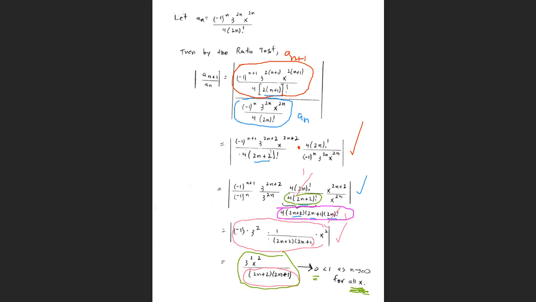And the 2n factorials canceled, you see. The 4's canceled as well, incidentally. The 4's drop out as well. Okay, very good, excellent.